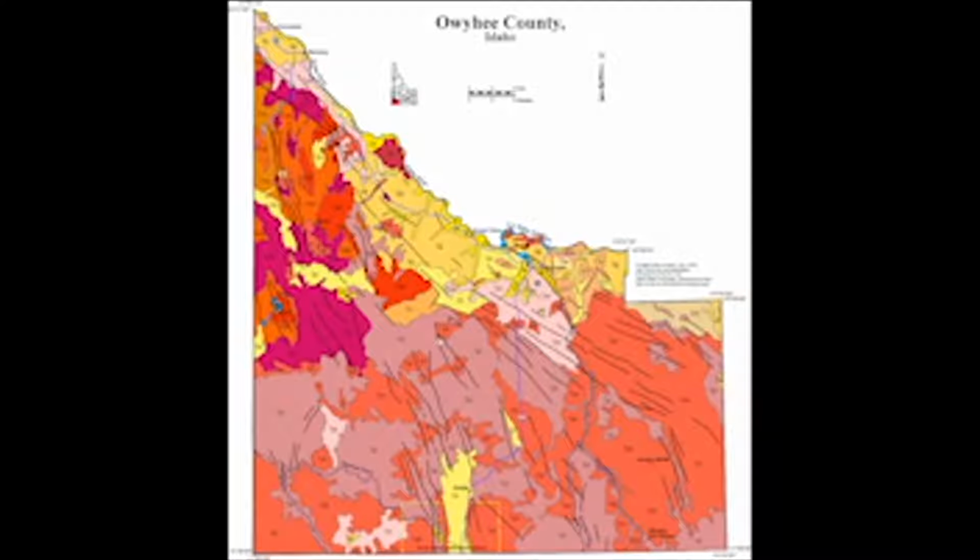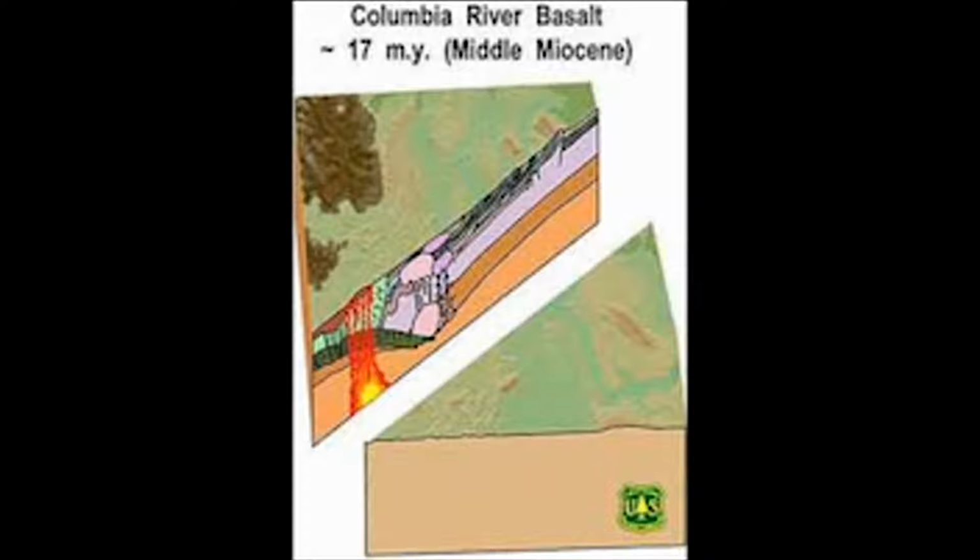There are felsic volcanics that were created from the Miocene, silicic flows, and tuffs. The Owyhee Plateau developed 17 million years ago in the Miocene period.